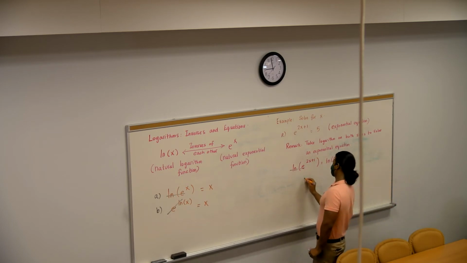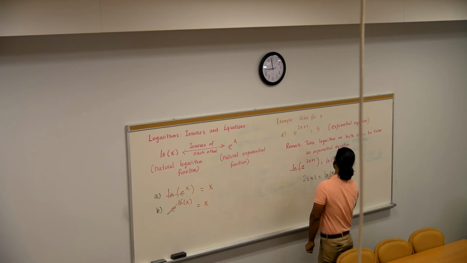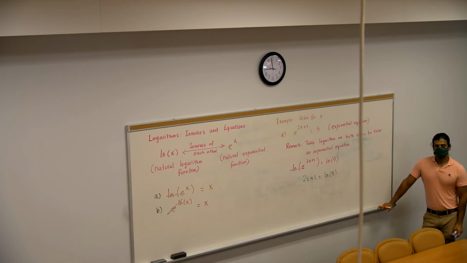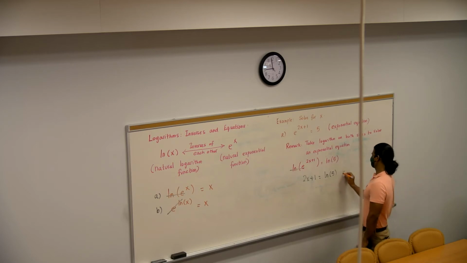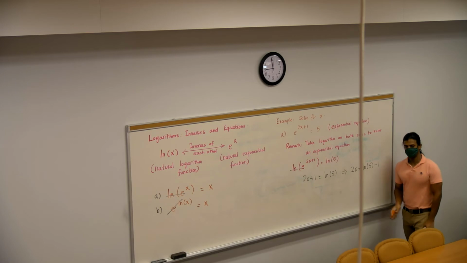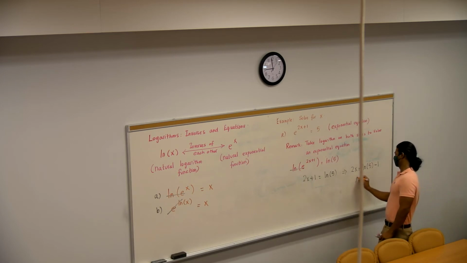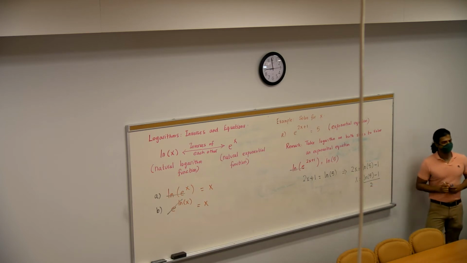So those two would go away, and you simply have 2x plus 1 equals ln of 5. If I move the 1 to the other side, I would have 2x is equal to ln of 5 minus 1. And what should we do next? We divide by 2 on both sides. And that is the answer.